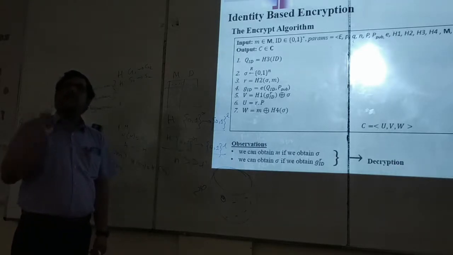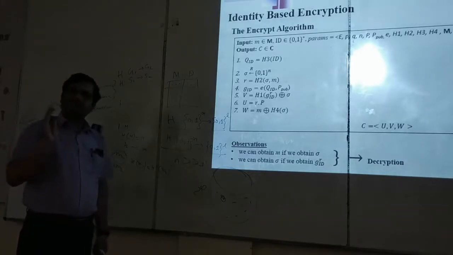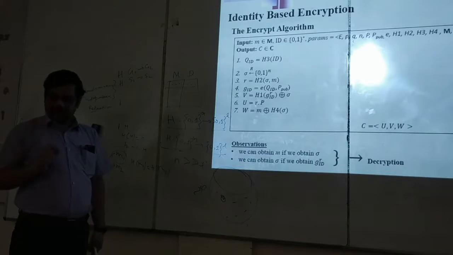So some point in the elliptic curve is U. Why we are generating these things, I will explain later. First I am explaining what we are doing. Why we are doing these things I will come to later.